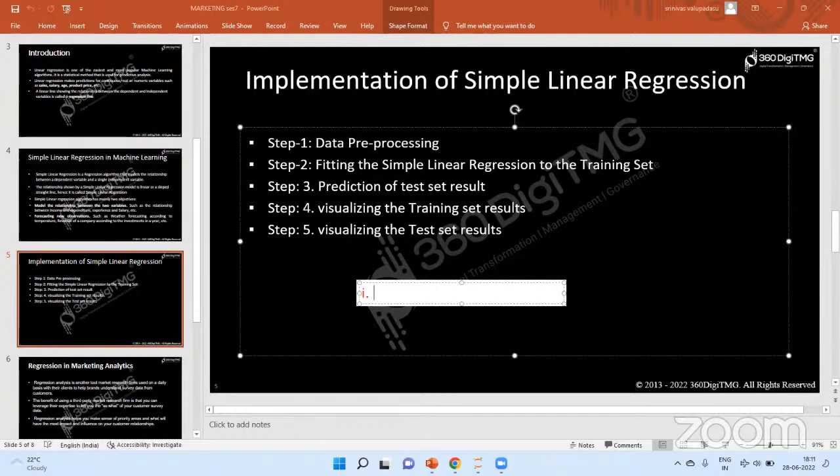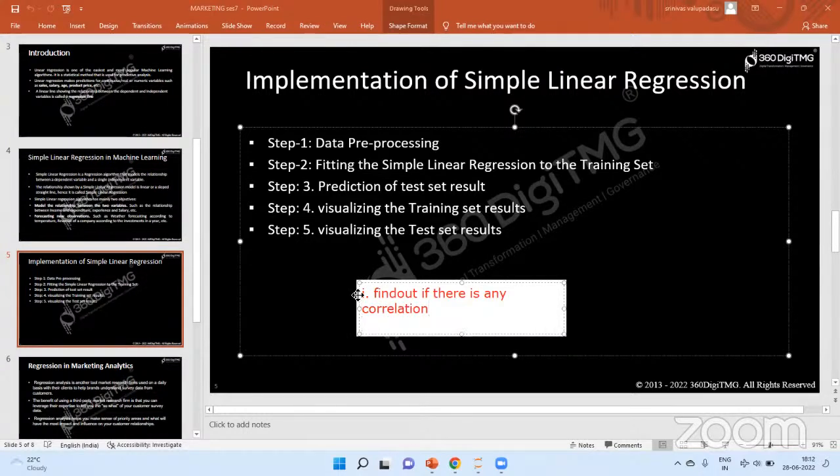So the first step that we need to check is whether there is any correlation. Generally, the correlation values will range from -1 to +1.